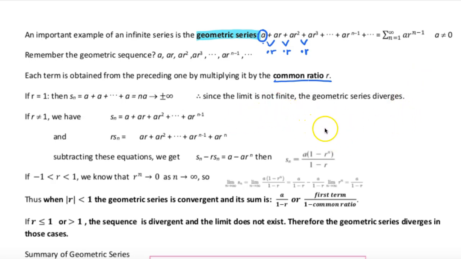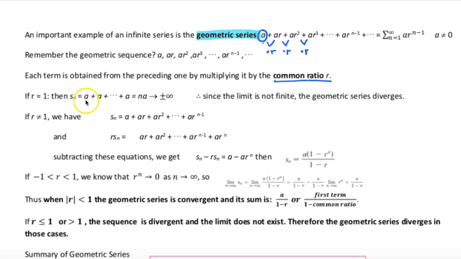And now let's figure out how we can find the formula for the sum of a geometric series. Now, if r is equal to 1, if the common ratio between terms is equal to 1, what that means is that my first term is just whatever this a value is, so it's just this coefficient. My second term is just a times 1, which is just a.